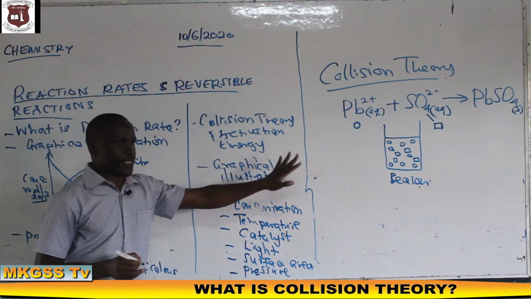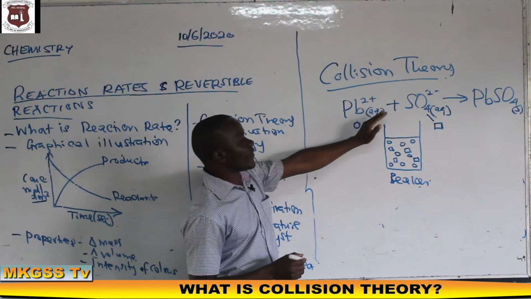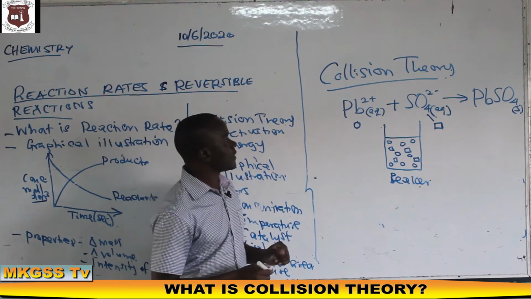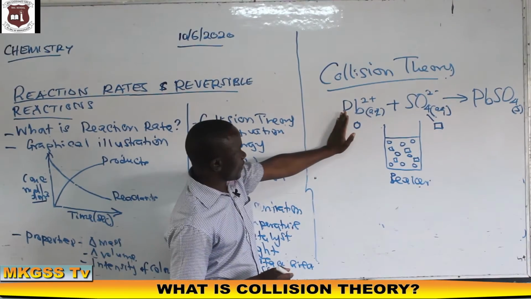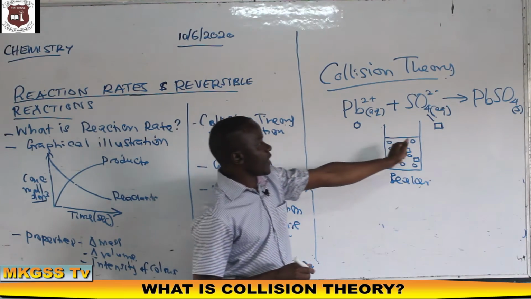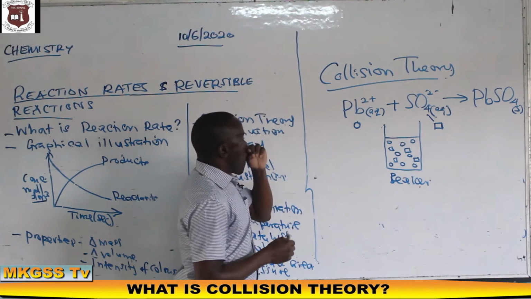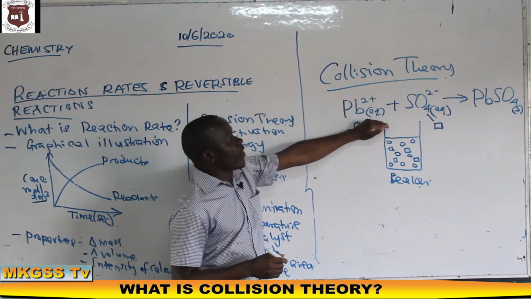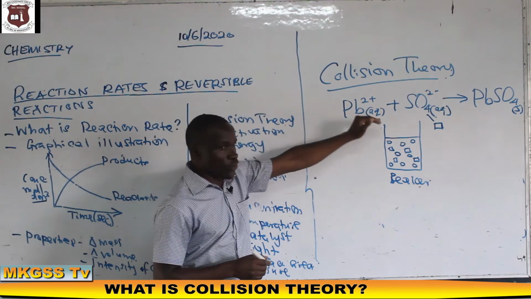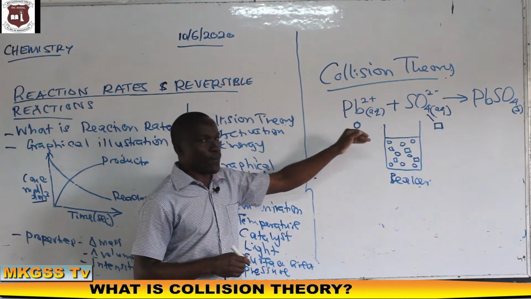Now, collision theory states that during a chemical reaction, the particles must collide. In this case, we consider the lead two ion as a particle and the sulfate ion as a particle. Now, the collision theory further states that not all collisions can lead to the reaction to form products.